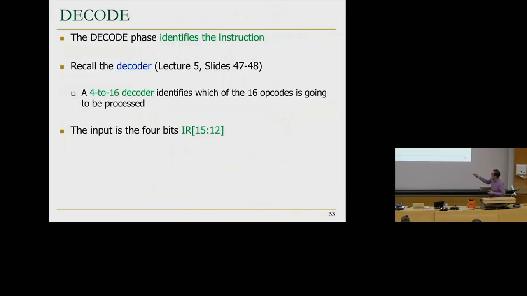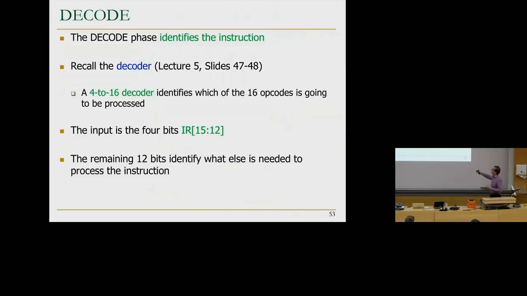And the input is, as I said, already in the instruction register. These are the top 4 bits of the instruction because you already placed the instruction into the instruction register. The remaining 12 bits identify what else is needed to process the instruction. And we know, based on the format encoding, that different instructions have different encodings, and these bits specify what you need to do, and we will see that.